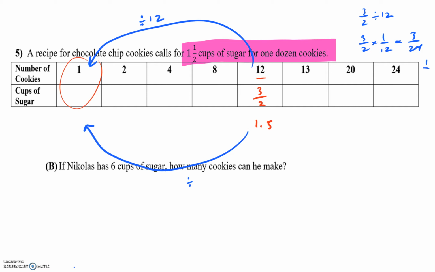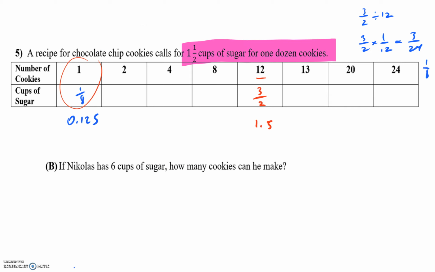And that's 1 over 8. If we did 1.5 divided by 12, that would give me 0.125. Okay, so now that we have the 1 column or the unit rate, step 3 would be to use that to find out what everything else is.